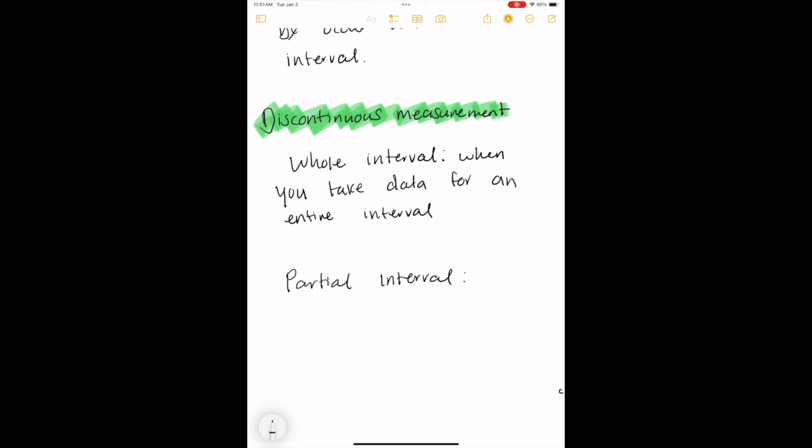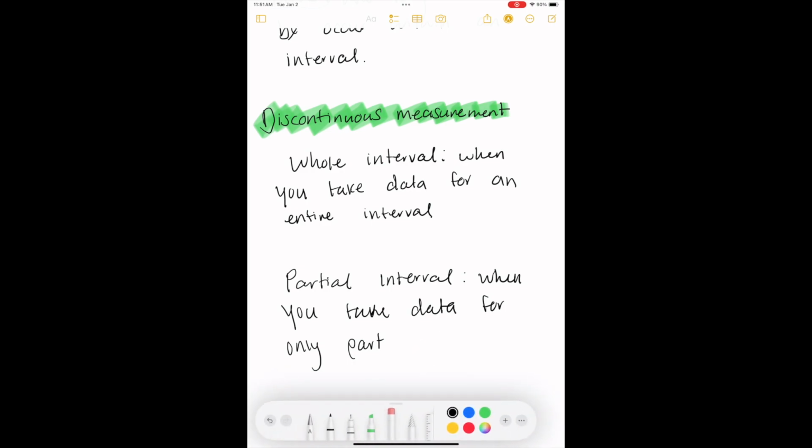So partial interval is when you take data for only part of an interval.